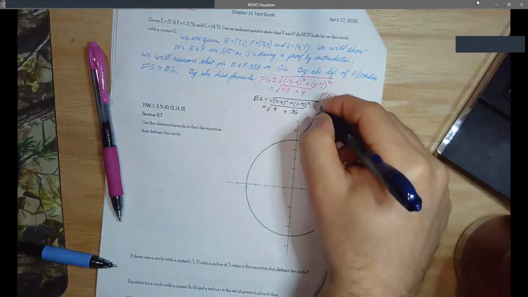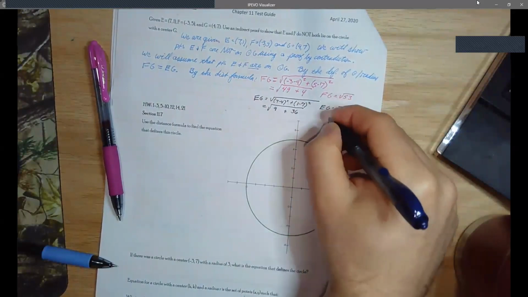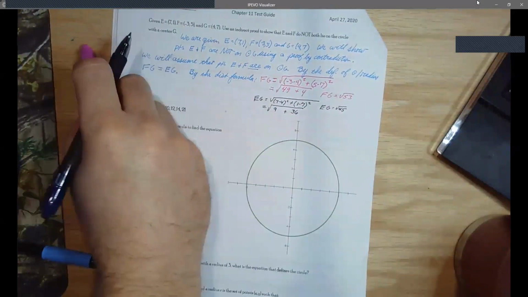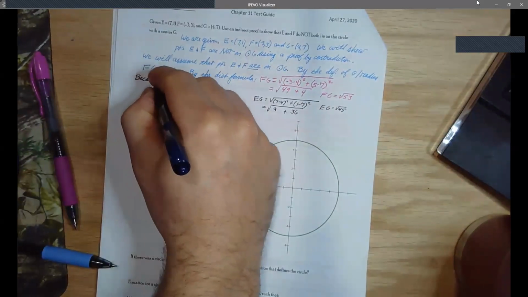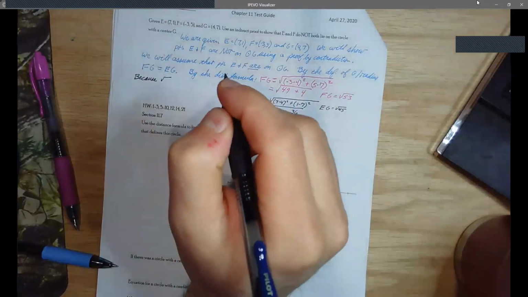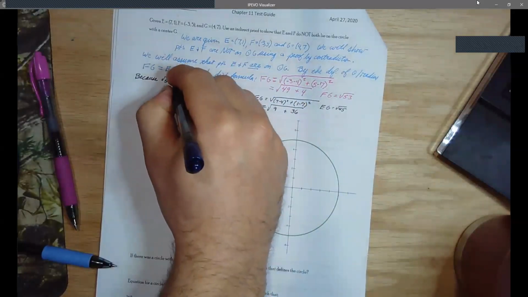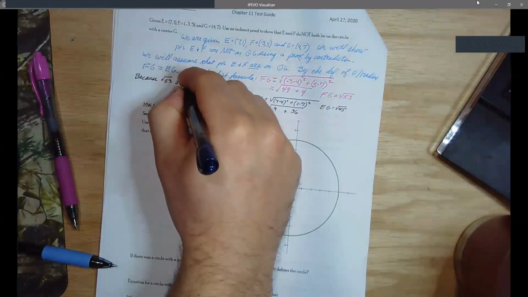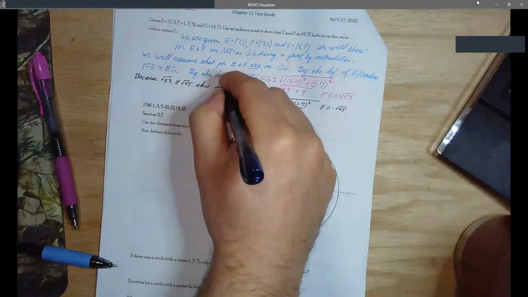So the distance from E to G is the square root of 45. Because the square root of 53 is not equal to the square root of 45, this is our contradiction.